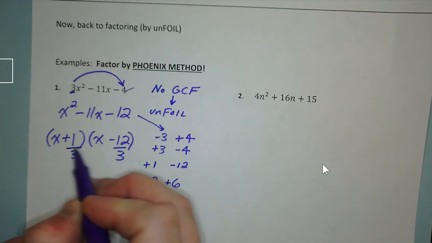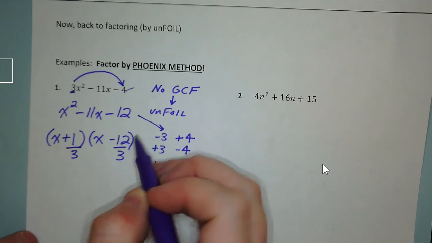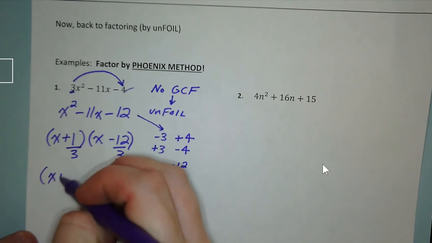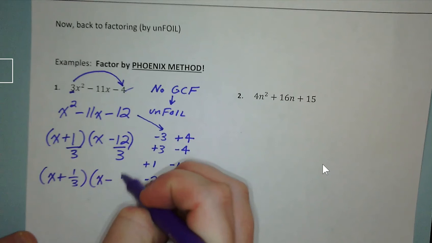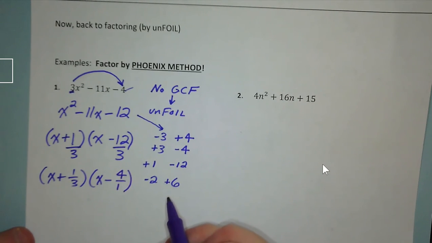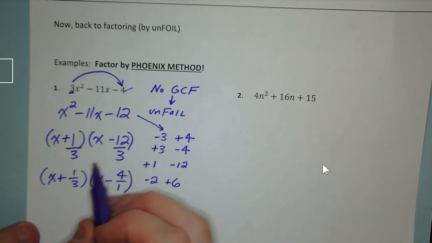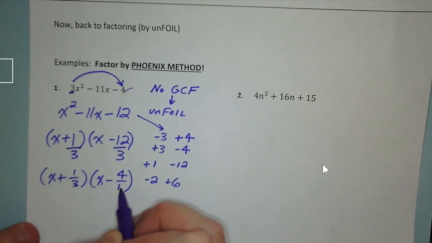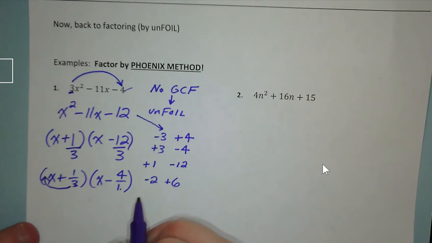Now what we do is we take these 2 fractions, we reduce them if we can. So can we reduce the 1/3? No. Can we reduce the 12 over 3? Actually, we can. 12 over 3 becomes 4 over 1, or basically just 4, right? And after we reduce any fraction that we can, we take the denominator and we bump it up in front.